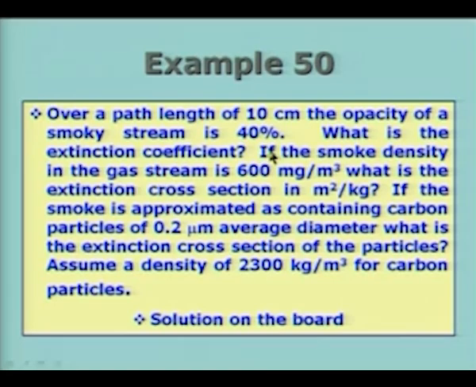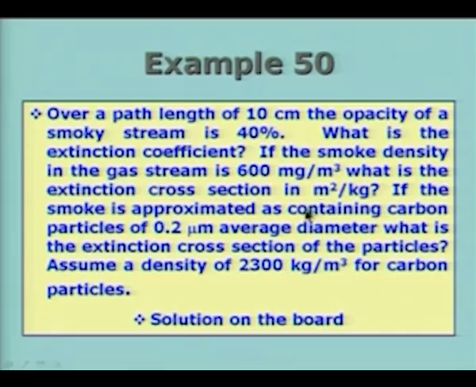Then further we are given that the smoke density in the gas stream, after all a small amount of particulate matter is present in the gas as a mixture, and 600 milligram per meter cube is the total content of that. So, 600 milligram per meter cube is the amount of particulate matter present in the gas. So, we would like to find out what is the extinction cross section in meters squared per kilogram.